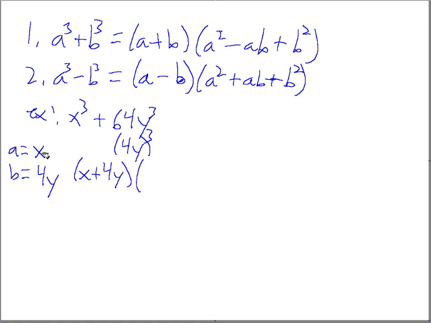Well, the square of a is x squared, since a is x. Minus ab, so let's multiply a and b together: x times 4y is just 4xy. So minus 4xy. Plus b squared. Here b is 4y, squared, you get 16y squared.